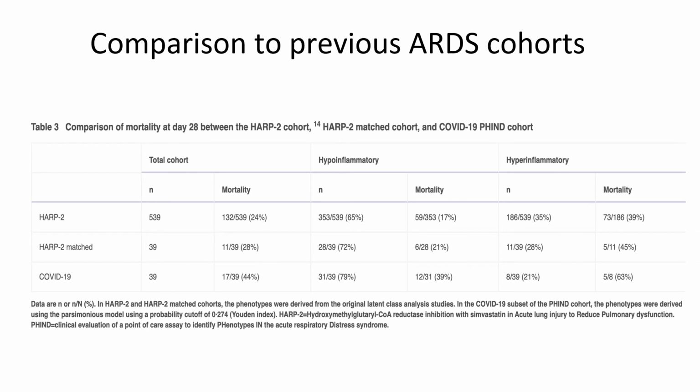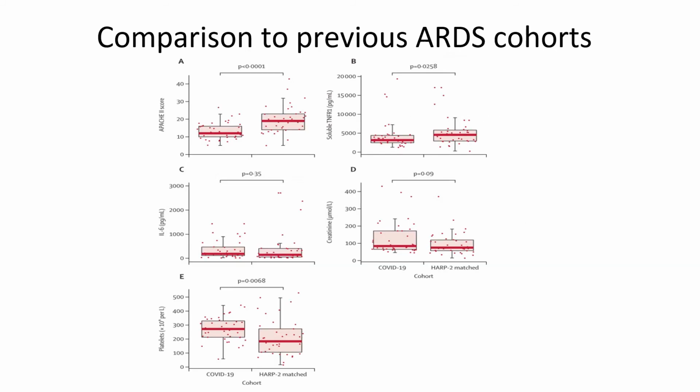We found that whilst the distribution of hypo- and hyperinflammatory phenotypes was similar in both the HARP-2 matched and the COVID-19 groups, mortality was much higher in our COVID-19 cohort.